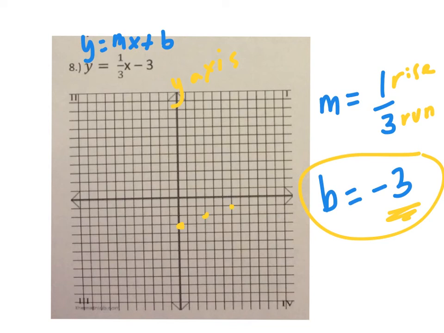So you need a minimum of 3 points. You could keep going, rise 1 and run another 3, if you want to. You could also reverse it and go down 1 and back 3. And now go ahead and connect them and make a nice straight line. Don't forget to put arrows on the end.